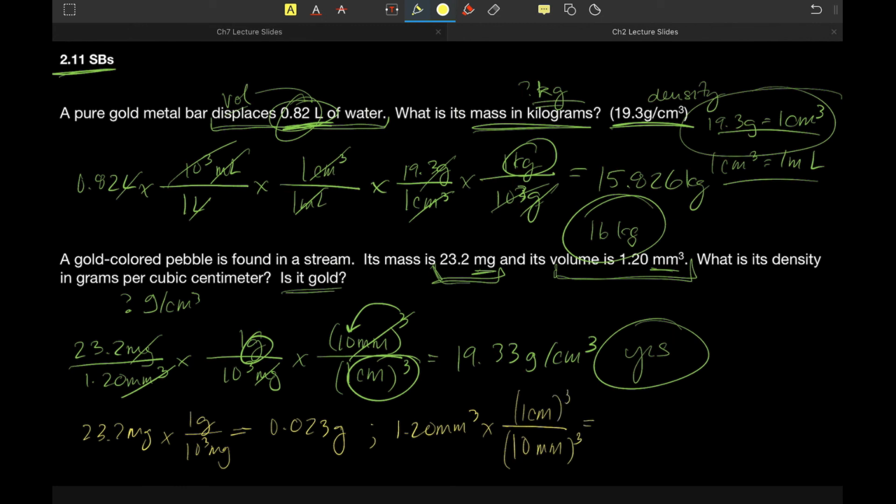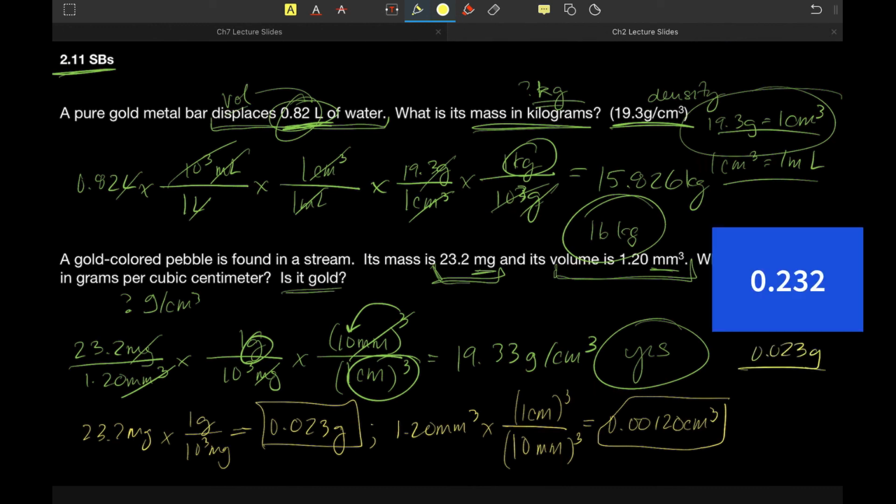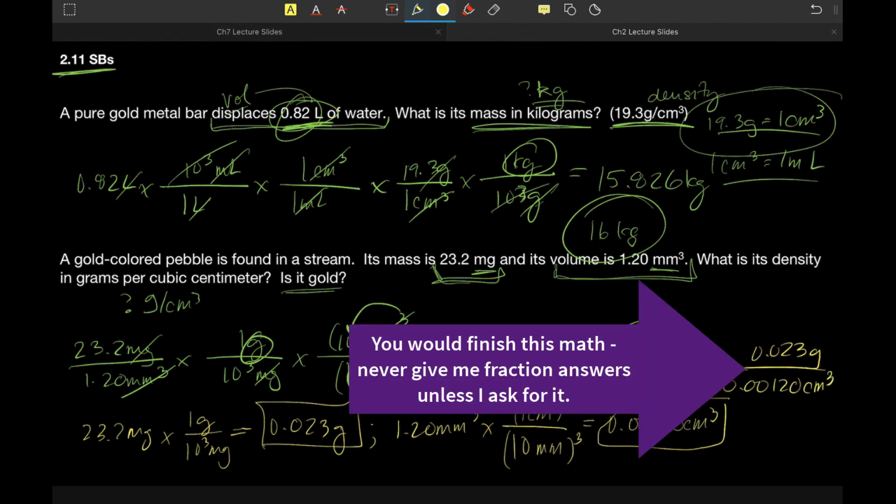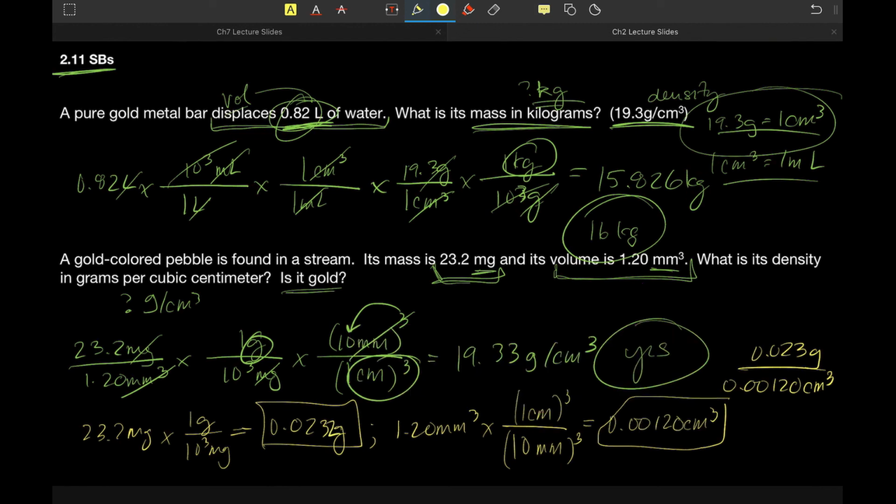And then that gets 3 places smaller, so 0.00120 centimeters cubed. And then I would just take mass over my volume and come up with my density. So as my last step, 0.023 grams over 0.00120 centimeters cubed. And either way, I come up with something that should be about right. Does that make sense? All right, so that's it for chapter 2.